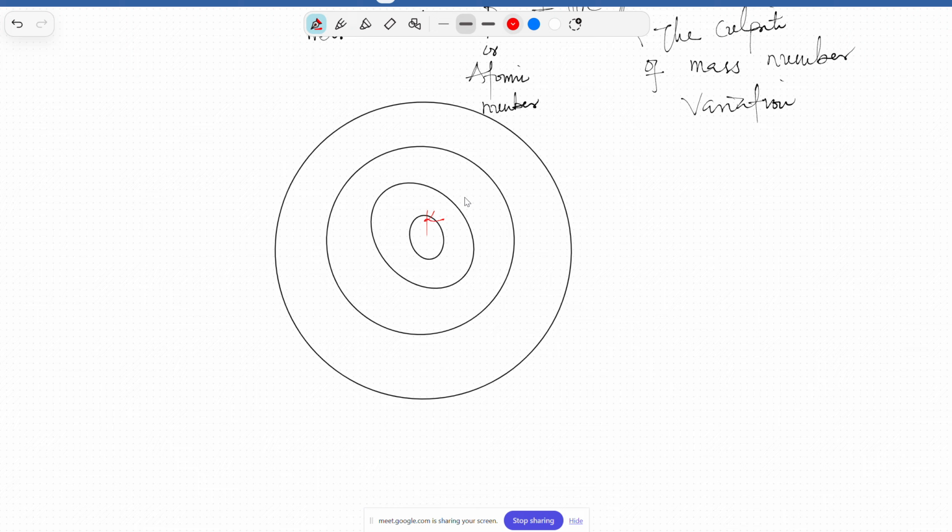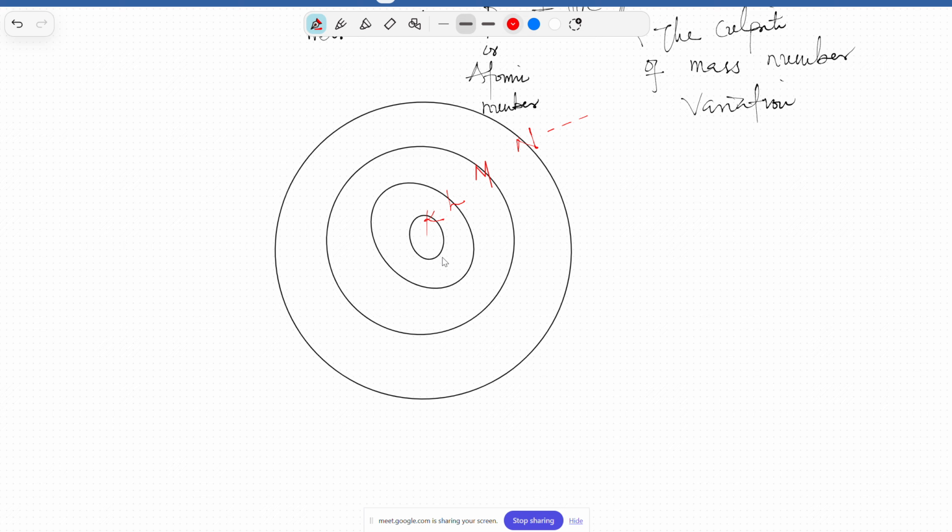Each of these circular structures represents a shell. So you have the K shell. It actually starts from K: K, L, M, N, and it continues. You can have O, you can have P, continues like that.